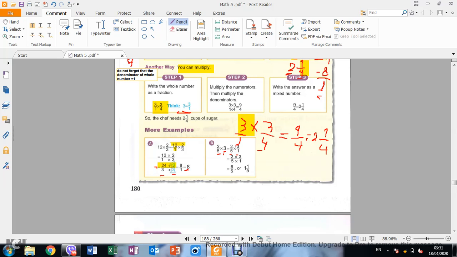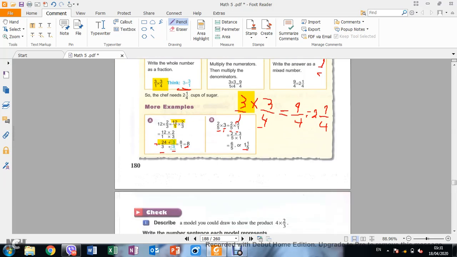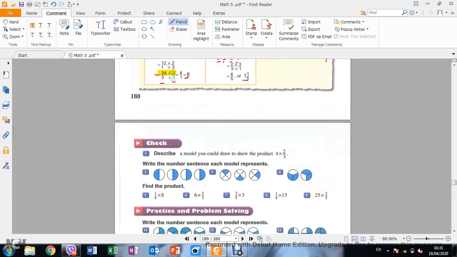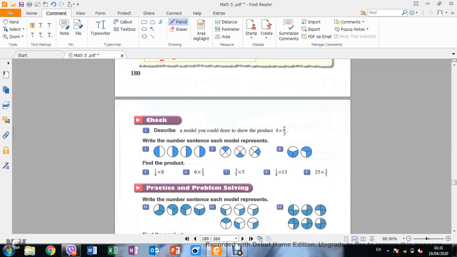We divide it, so our answer is 1 and 1/5. That's all. And now I explain this one. Number 2: write the number sentence each model represents. It means we need to write the examples that we have.